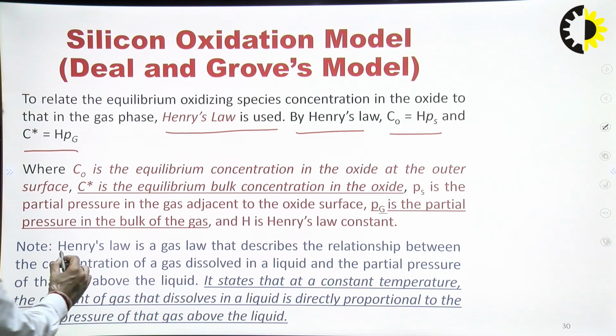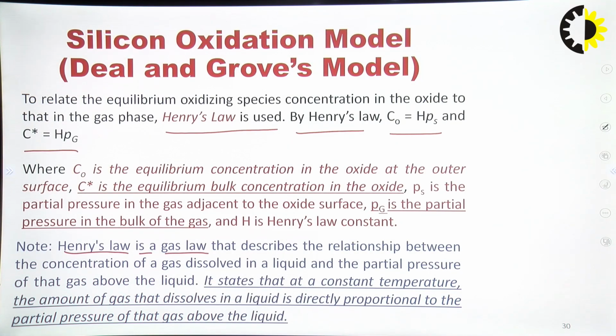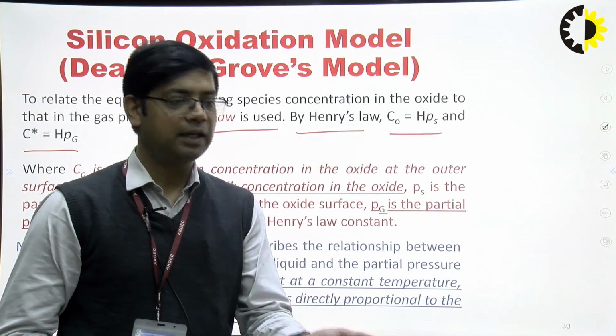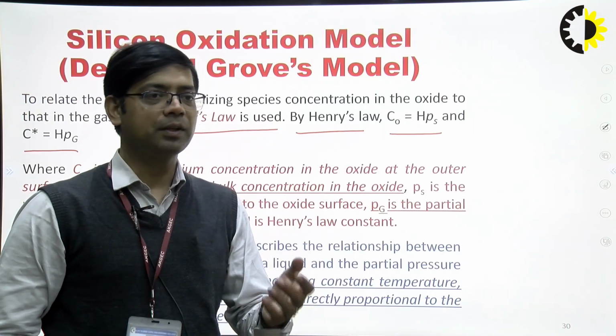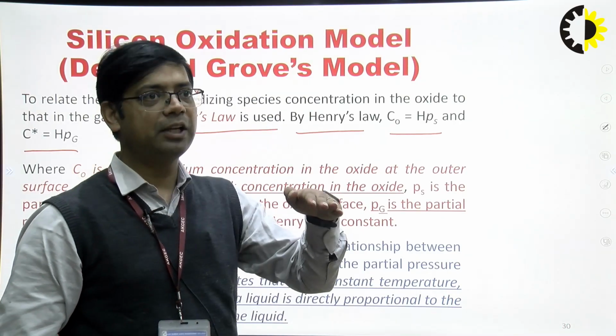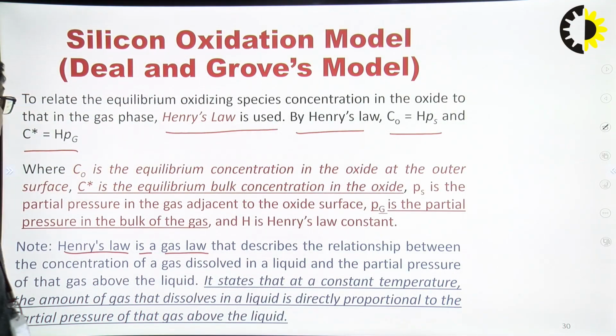Henry's law is a gas law that describes the relationship between the concentration of a gas dissolved in a liquid and the partial pressure of that gas above the liquid. That is, the gas concentration that gets dissolved in the liquid is proportional to the partial pressure of the gas above the liquid. So the more the partial pressure above the liquid, the more gas will be dissolved in the liquid. That is Henry's law, and it has been invoked here.